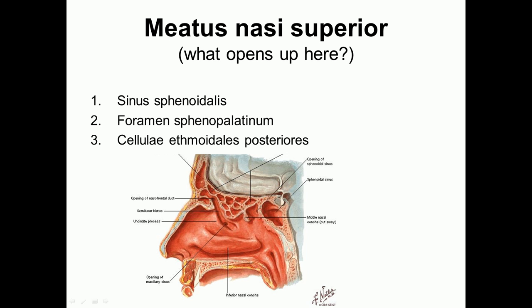The cellulae ethmoidales posteriores, which are close to meatus nasi superior, are opened into meatus nasi superior. So it's important for us to remember what structures open up into meatus nasi superior. They are 3: sinus sphenoidalis, foramen sphenopalatinum, and cellulae ethmoidales posteriores.